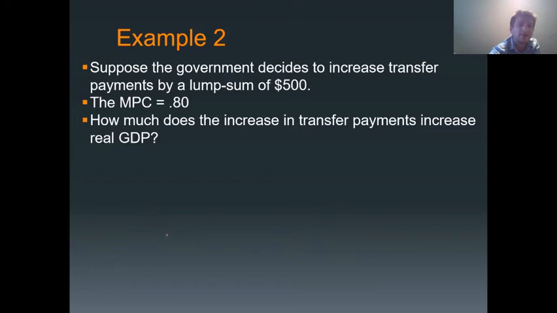You have MPC is 0.8, so 8/10 divided by 1 minus the MPC, so 2/10. So 8/10 times 10 over 2, 8 over 2 equals 4. So our tax and transfer multiplier is 4.